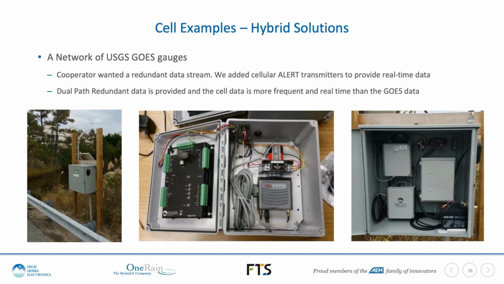A couple of examples. I'm going to give you two examples. Both of them are hybrid solutions where we're using two different telemetry modes. This is a state on the East Coast where they're a cooperator with the USGS in a large network of water level sites that the USGS maintains for them. They wanted redundant data, and they also wanted more frequent data. So in this middle picture, you see our data logger with this Sierra Wireless cell modem in there, and we're reading the SDI-12.